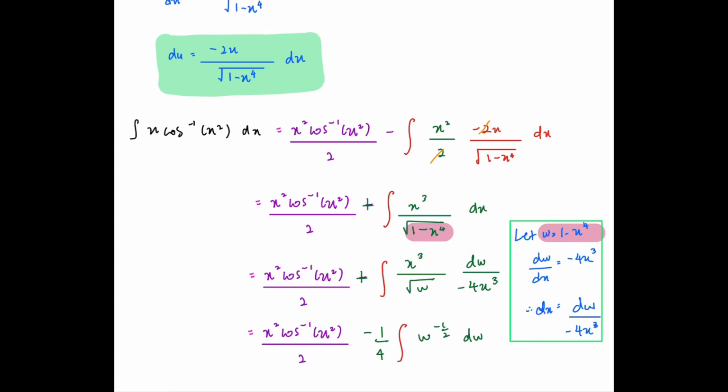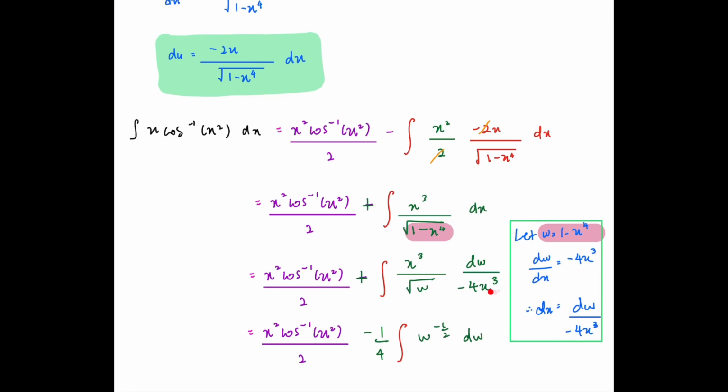So dx is just cross multiply. dx is equal to dw over negative 4x cubed. So now let us substitute: x cubed over square root of w, and for your dx, let's substitute dw over negative 4x cubed. So now let's focus to simplify this.